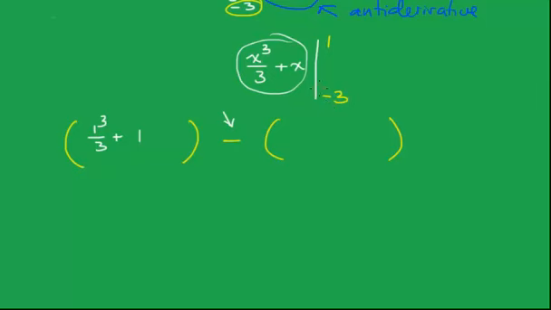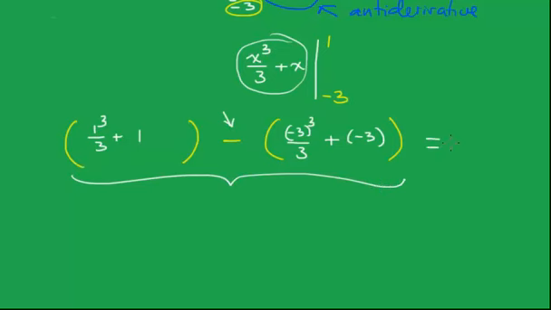Now we're going to plug in the lower limit. So -3 cubed divided by 3 plus -3. Now we just have to compute this expression here, and you should get 40 over 3. So at the end of the day, you should get a number.